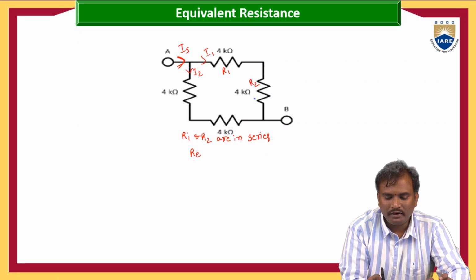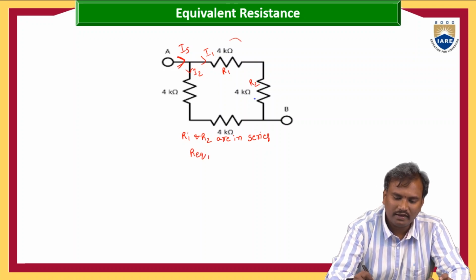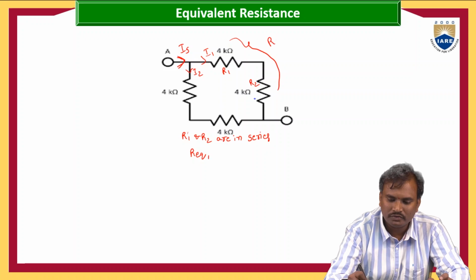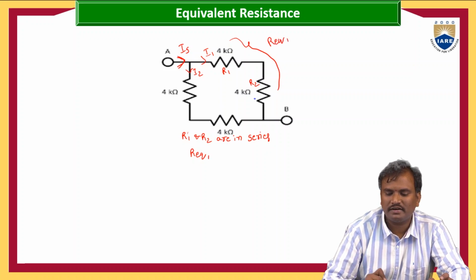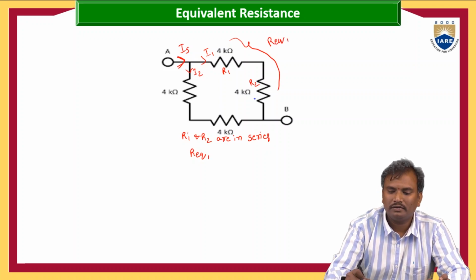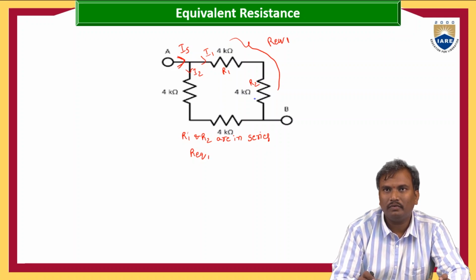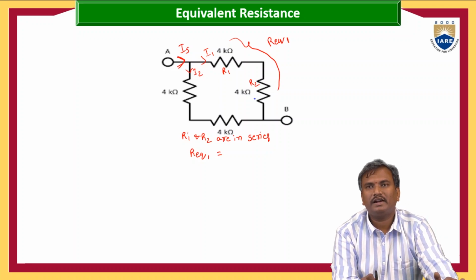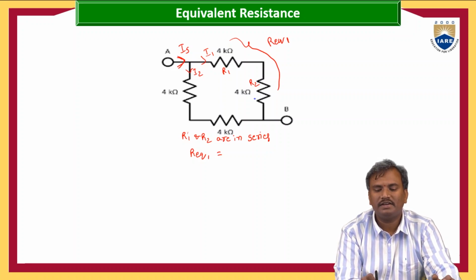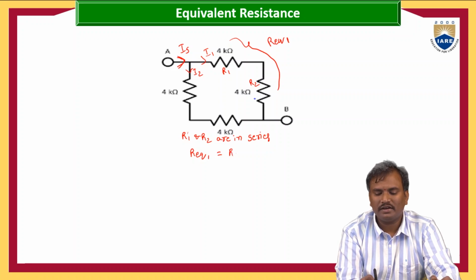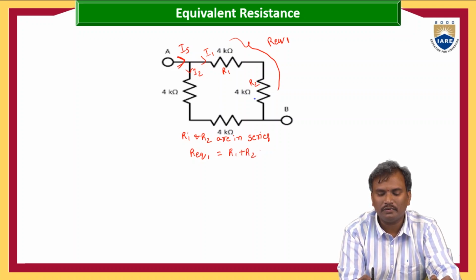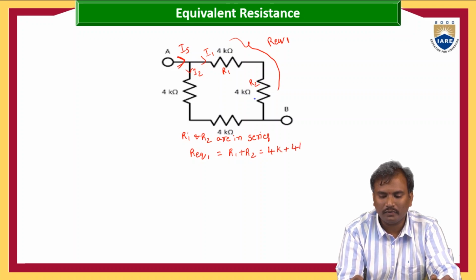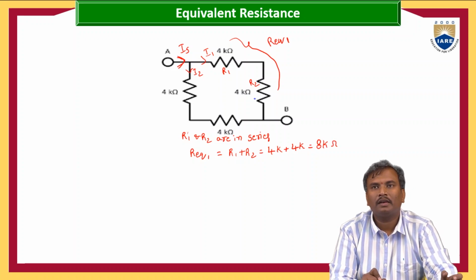So R equivalent 1, let us consider the equivalent resistance between these two resistors as R equivalent 1. When the resistors are connected in series, the formula is R1 plus R2, that is 4 kilo ohms plus 4 kilo ohms, that is totally 8 kilo ohms.